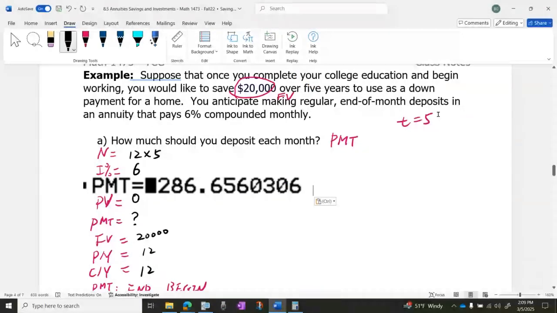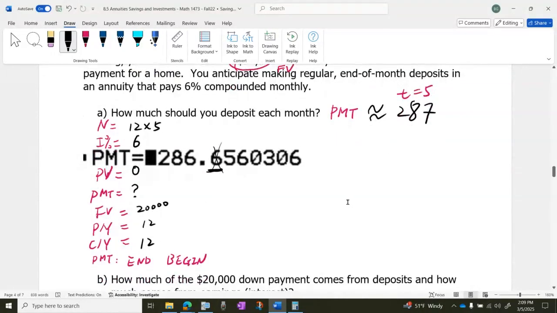So the payment is around equal to 287. By following normal rounding rule, we need to round up anyway. But we don't really need to know if the digit is bigger than 5 or less than 5. We round it up anyway. It's to guarantee the financial goal in 5 years will not fall short.